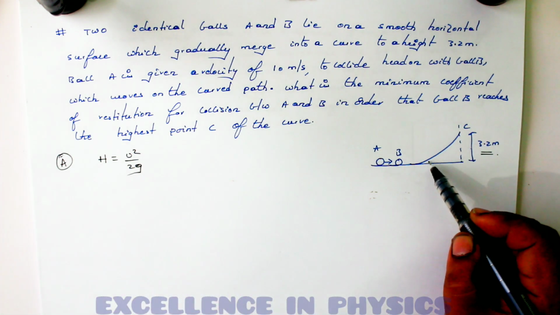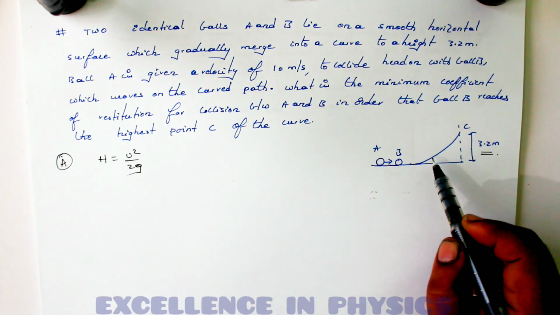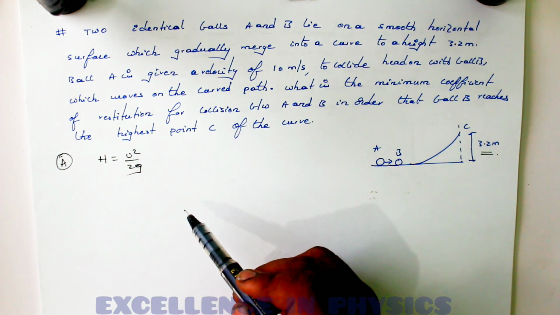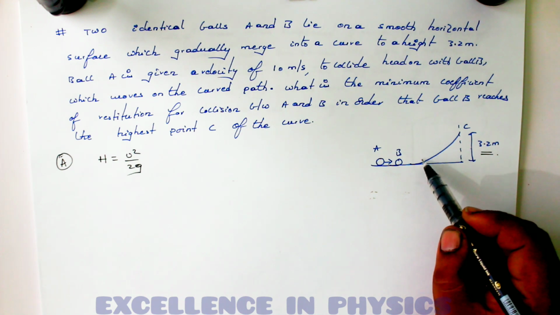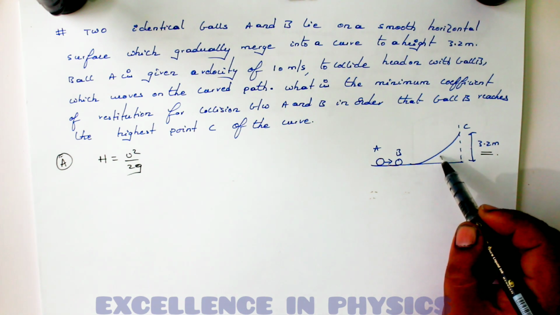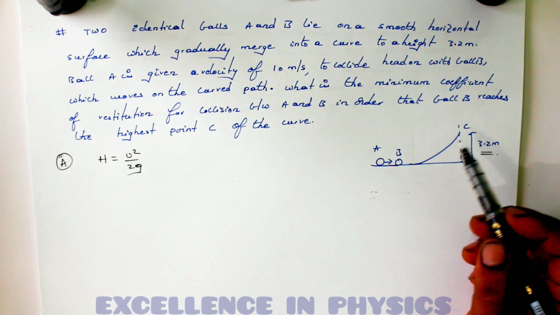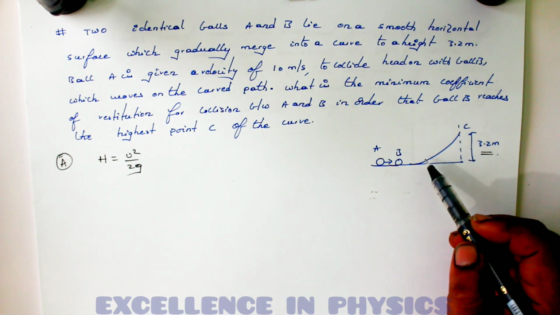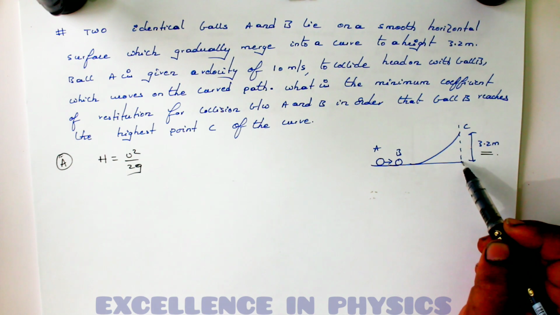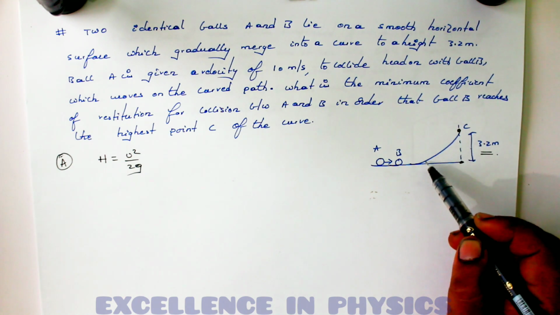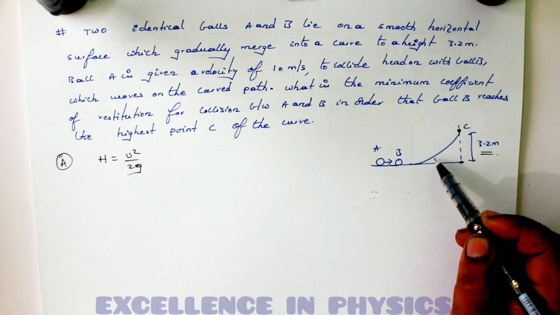And this is an inclined plane, so how are we able to take u square by 2g, which is the equation for vertical motion? This is a smooth curve, and to travel on a smooth curve, work done due to friction will be 0. So by the law of conservation of energy, work done by gravitational force depends only on the initial and final point. It doesn't depend on the length traveled by the body.